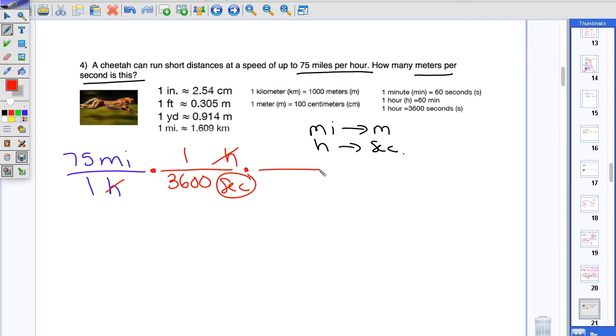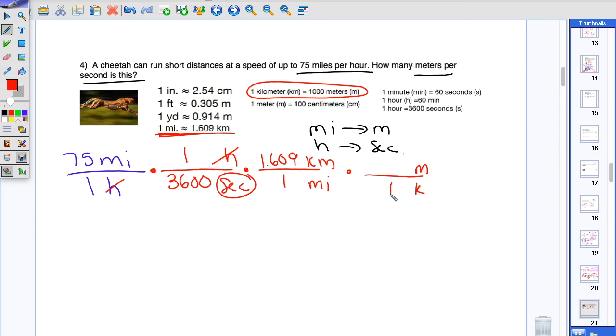All right, so now we're going from miles to meters. If you look at the information above, we have miles to kilometers. We also have feet to meters. So let's just stick with the miles and kilometers and put our miles in the denominator, kilometers in the numerator, and then we have to convert it one more time by going from kilometers to meters. Put in our information, 1 mile on the bottom, 1.609 on the top.